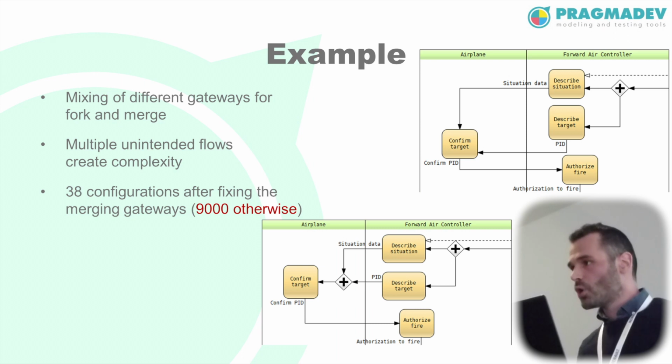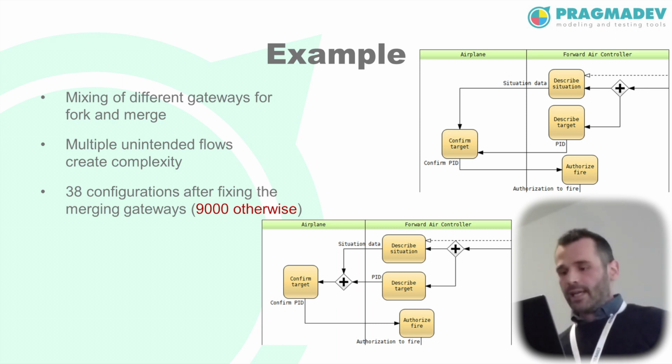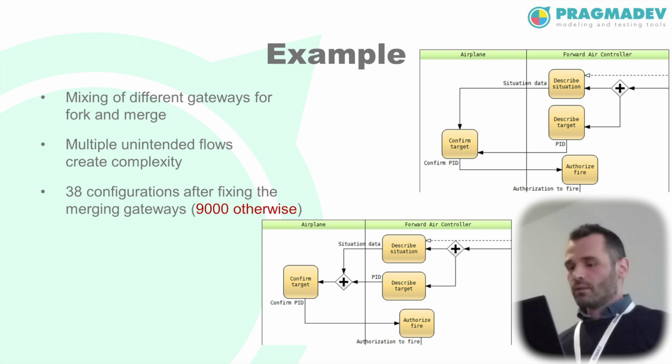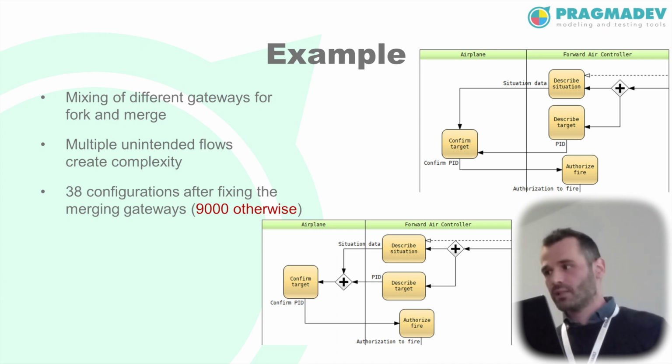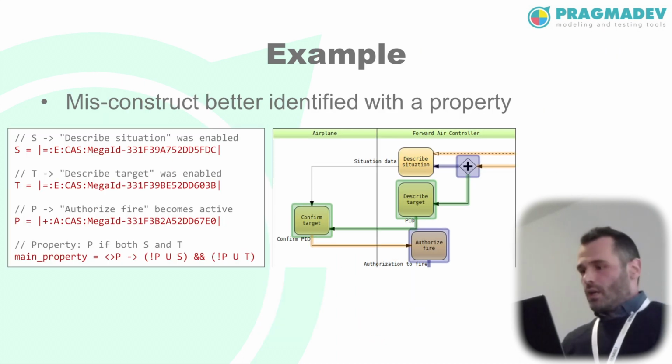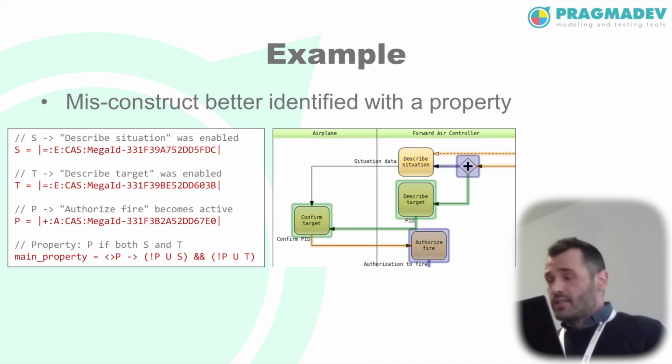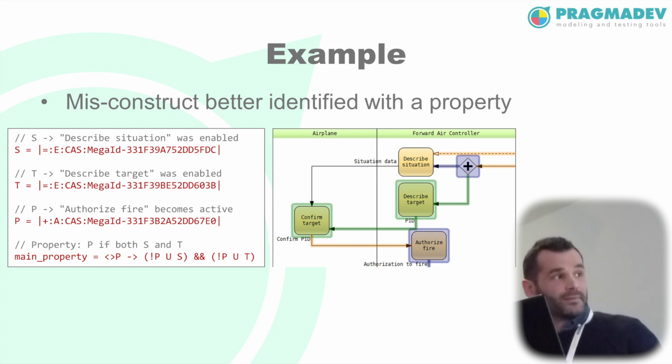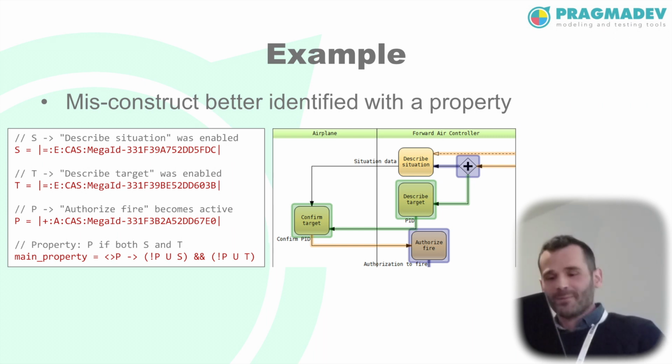This creates many flows in parallel, and it results in more than 9,000 configuration states, instead of 38 after replacing that implicit gateway with an explicit parallel gateway. The same problem can also be pinpointed via a property.